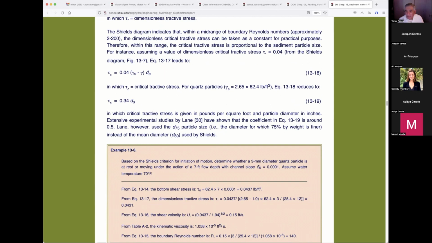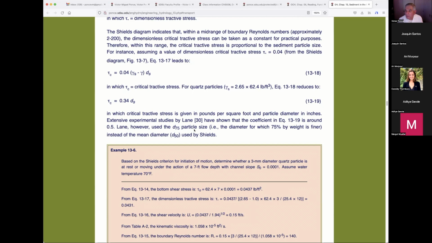And the discrepancy is more understandable when we realize that Lane was using D75 particle size, as opposed to the D50 used by Shields. Shields was using the mean particle diameter. And Lane, for whatever reason, I'm not privy to why he did this, was using the D75.